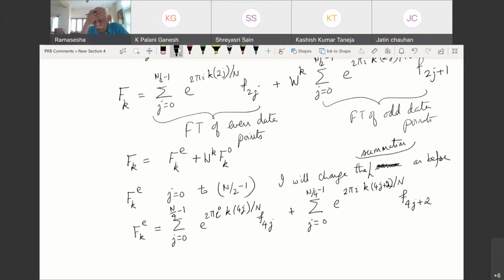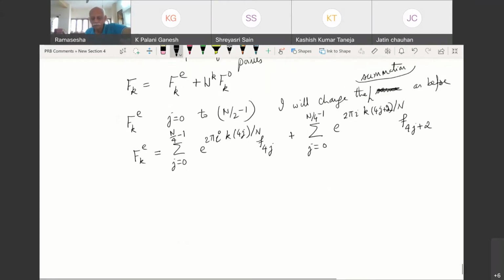Okay, so now all those divisible by 4, I collect them together, and all those that are divisible by 2, I collect them together within the even one. In the odd part, nothing is divisible by 2 or 4, because it's all f1, f3, f5, f7. Whereas in the even part, everything is divisible by 2. So I'll take those which are divisible by 4 and call them f4j, with the Fourier summation j equal to 0 to n by 4 minus 1, and the other one is j equal to 0 to n by 4 minus 1 involving f of 4j, that is a function evaluated at 4j points, and the others are those which are evaluated at 4j plus 2.